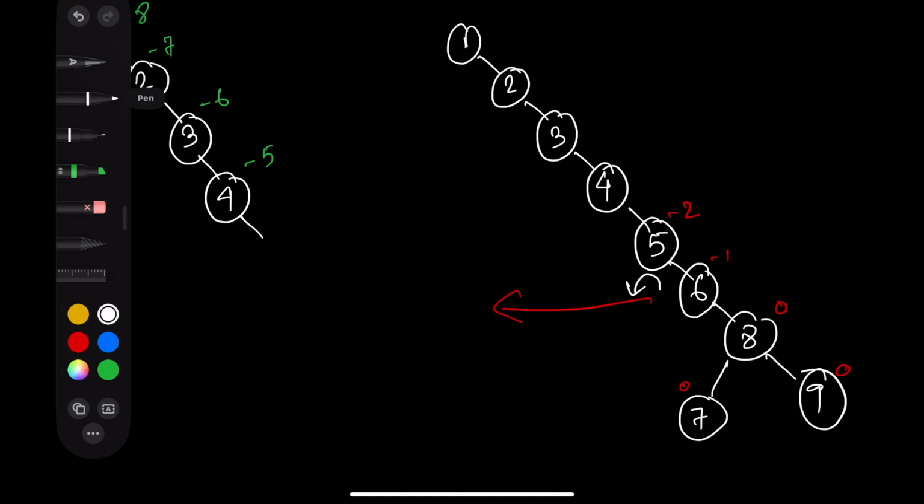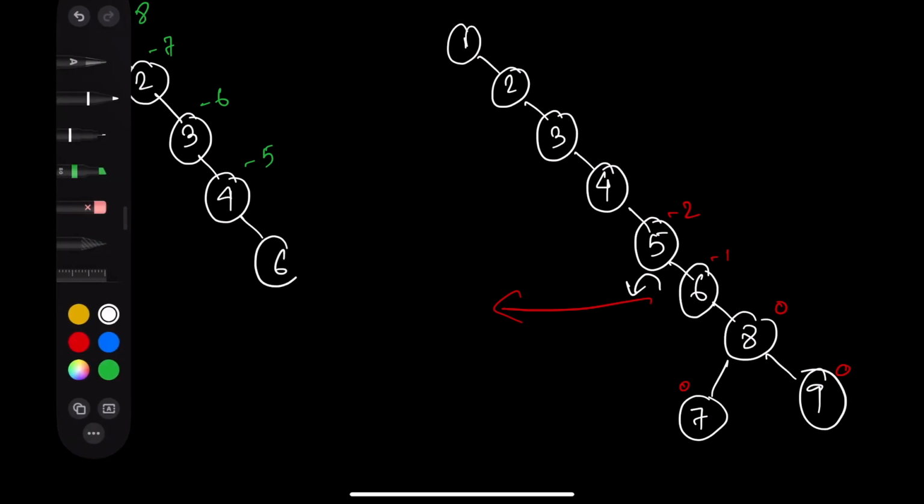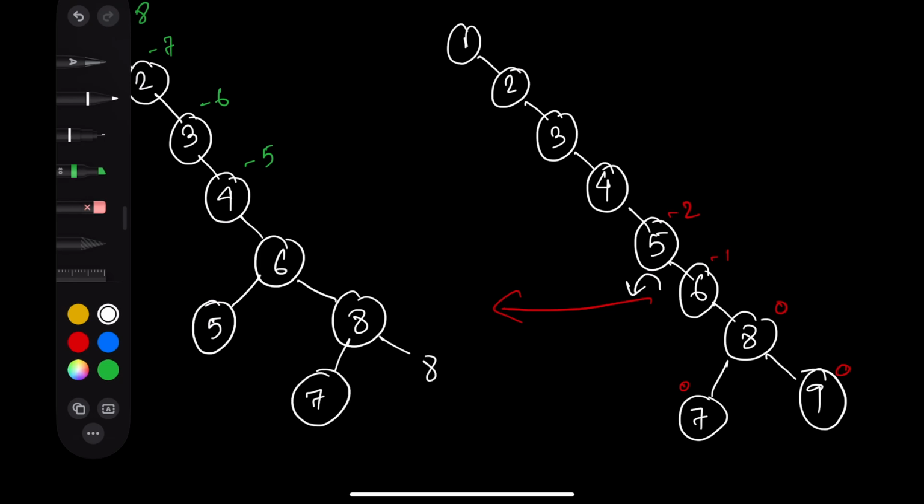Let's see what will happen: this 6 will be here, the 5 will be here, and that would be 8, then 7, and then 9. Now the balance factors are 0 0 0, then 1 and 2, then -1, and it would be 0, and it is going to be -1 to 3, so -3.